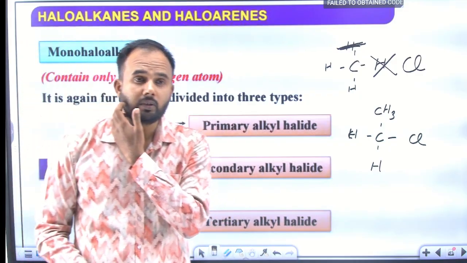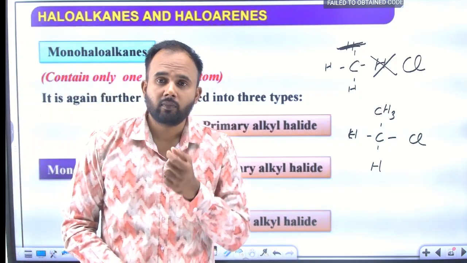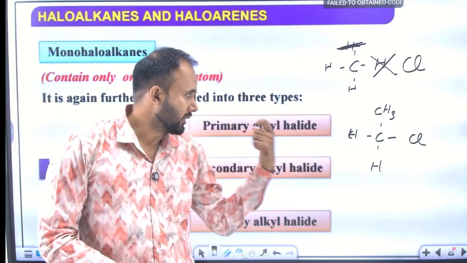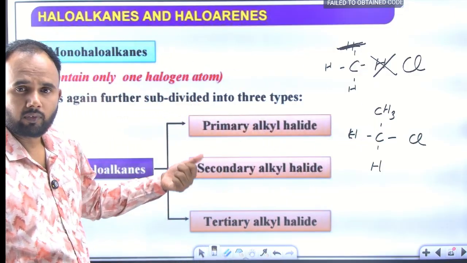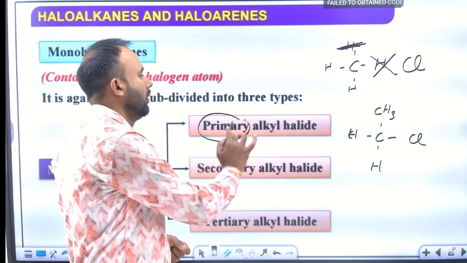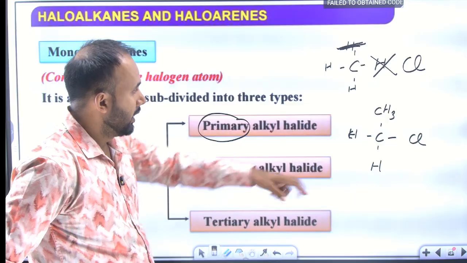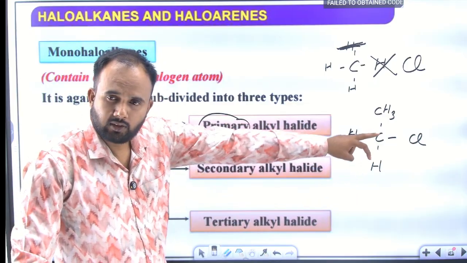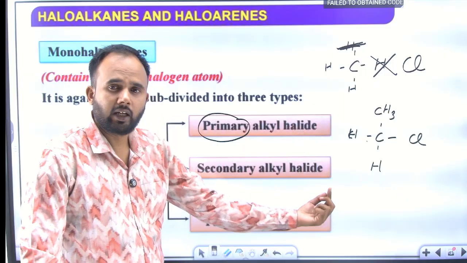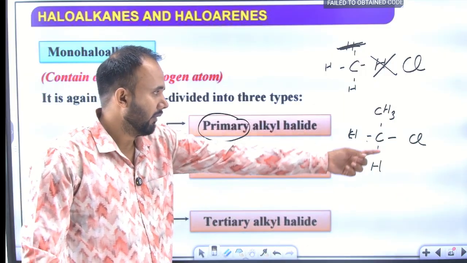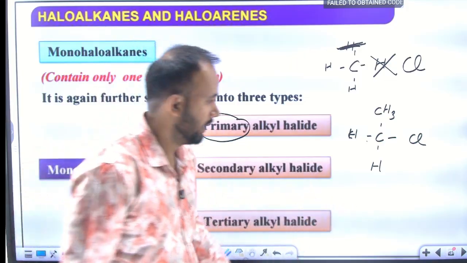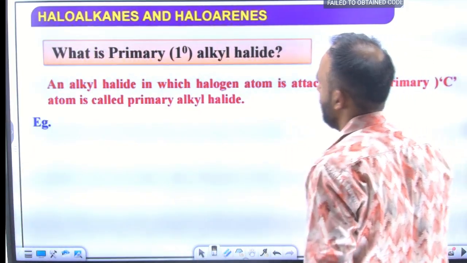If chlorine is present on that carbon which is also attached with one alkyl group, such an alkyl halide is known as primary haloalkane. If two carbon atoms are attached to this particular carbon, it is secondary. And if carbons are attached on all sides and one chlorine is attached, it is known as tertiary alkyl halide. One by one we will see the whole example.